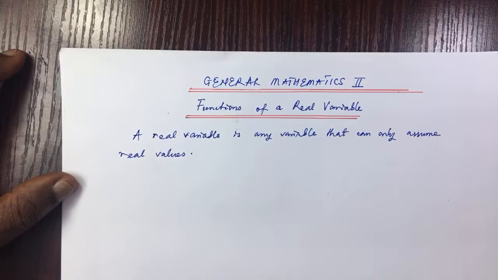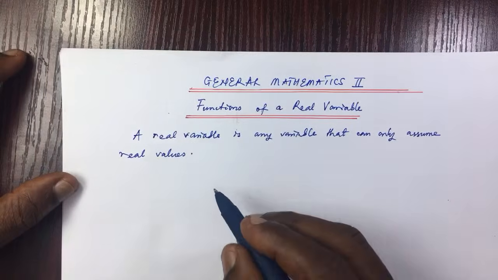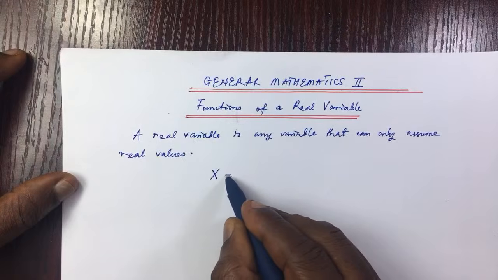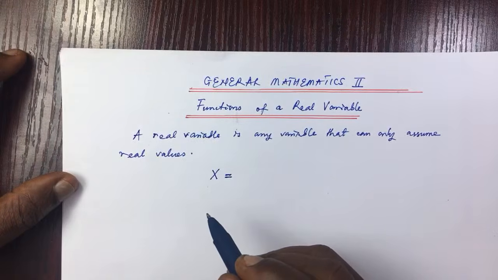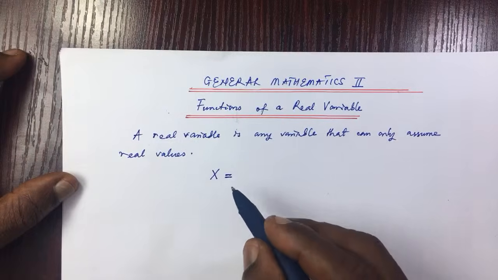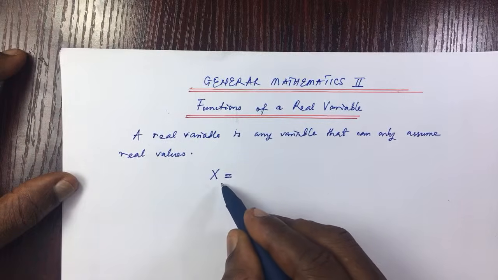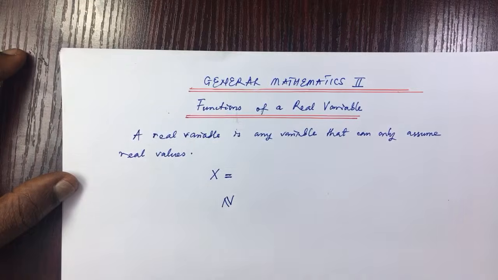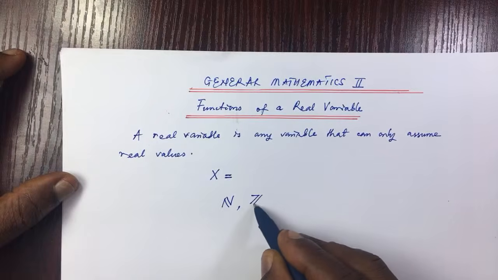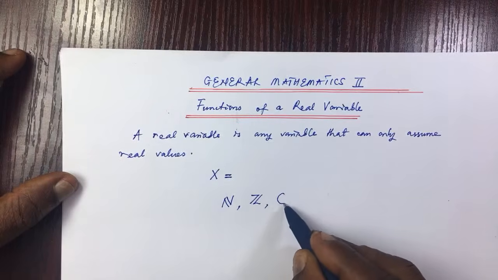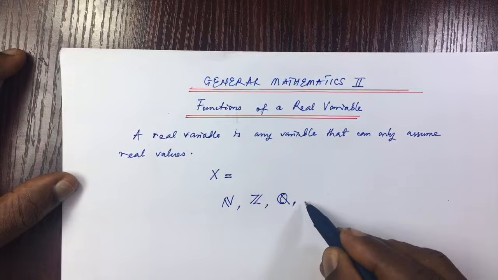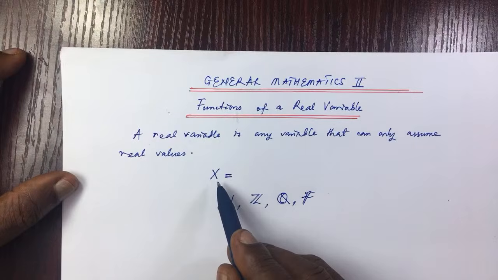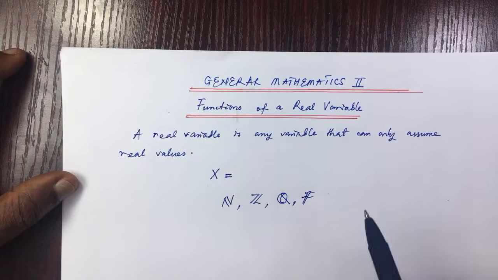Okay? Now, once it is a real variable, it means that if I use x and define x also to be a real variable, the values that x can assume can only come from the natural number system, or the integer number system, or the rational number system, or the irrational number system. Okay, so once x is a real variable, it means it can only assume real values.